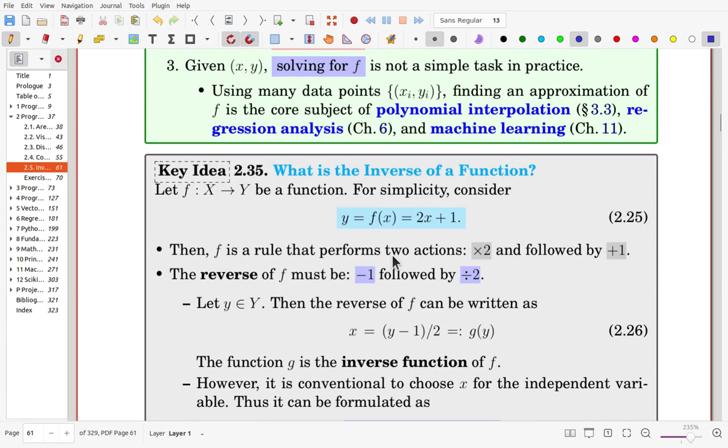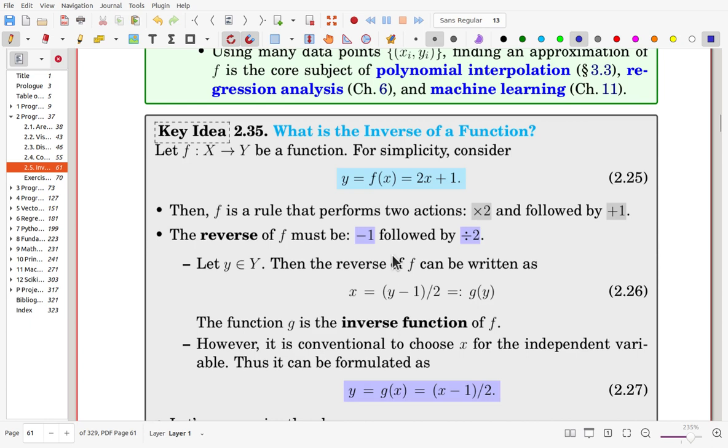Here we have a question: what is the inverse of a function? A function is defined on x, and y is its codomain. For simplicity, we consider this function: f of x is 2x plus 1. Then f is a rule that performs two actions.